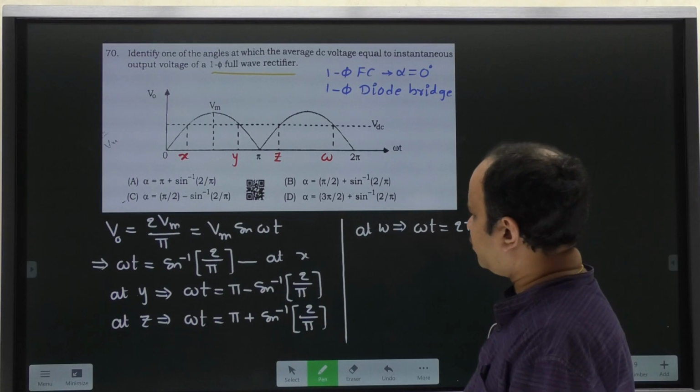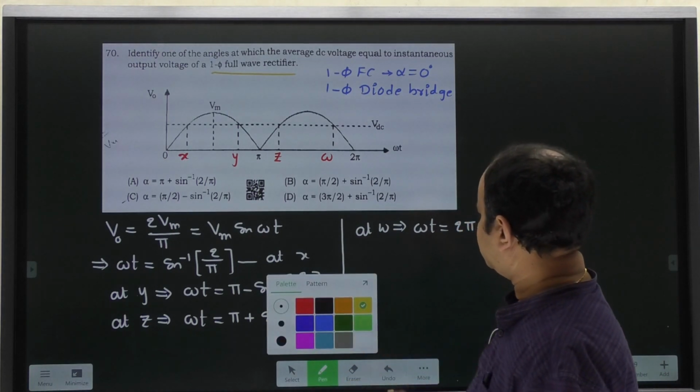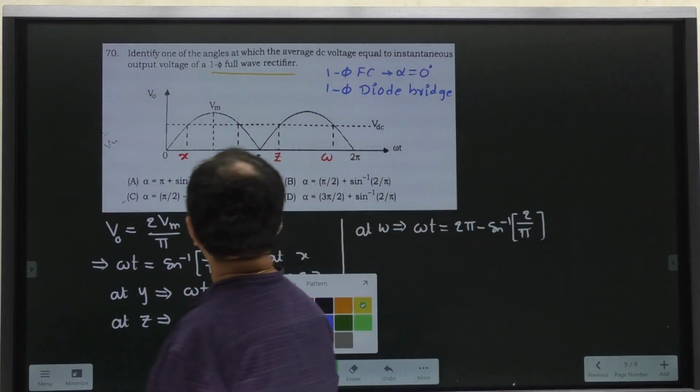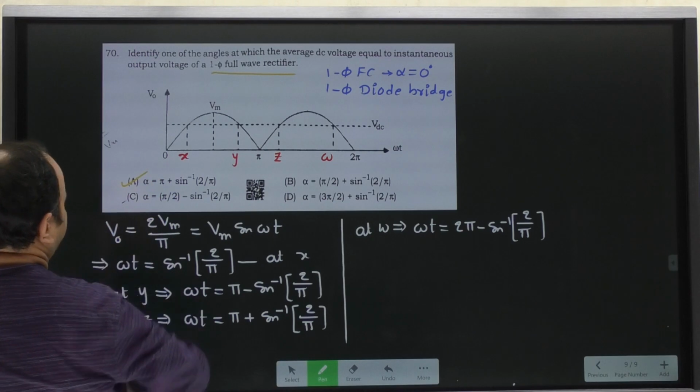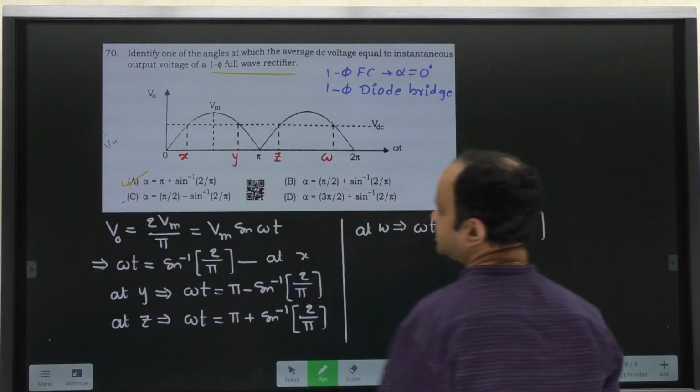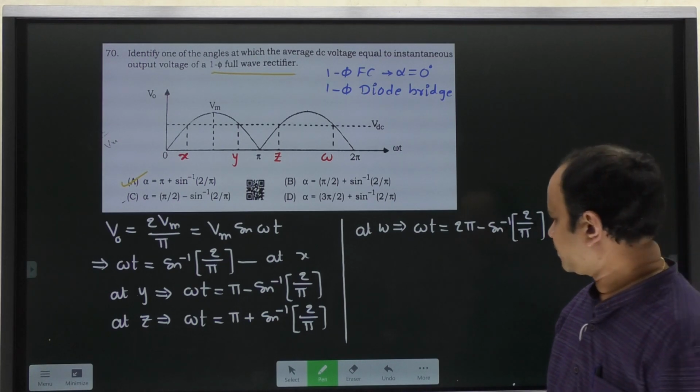Therefore, by seeing all of these values, I can say that the required angle will be option A, that is pi plus sin inverse 2 by pi.